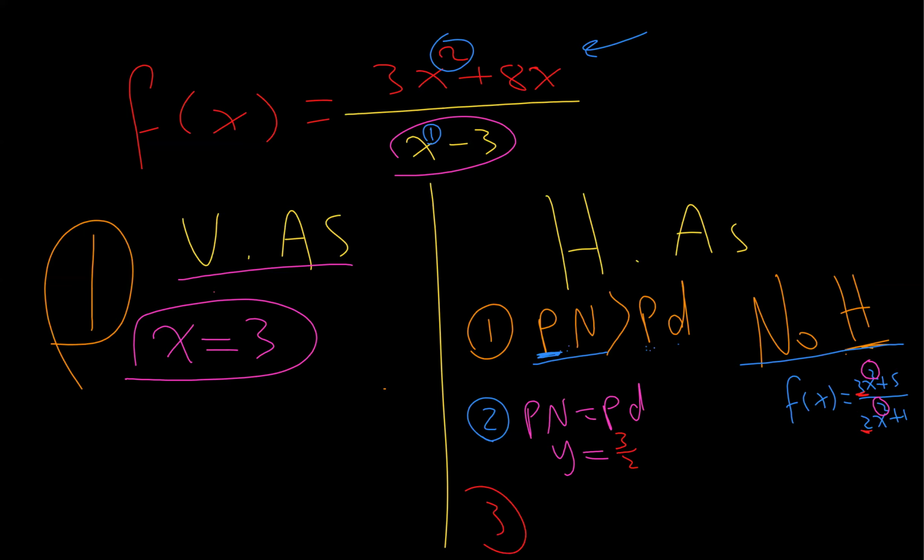Okay, third rule. Here I give you an example, when f of x equals 3x squared over 2x cubed plus 1. So in this case, the highest power of the numerator is 2 and the highest power of the denominator is 3. So the power of the numerator is less than the power of the denominator.